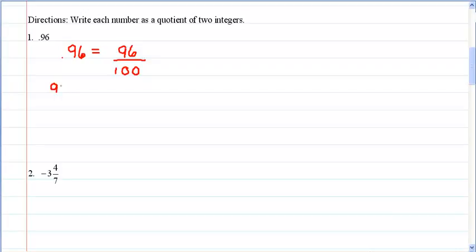So I'm going to write the prime factorization of 96. I always take the prime number on the left and the composite number on the right.